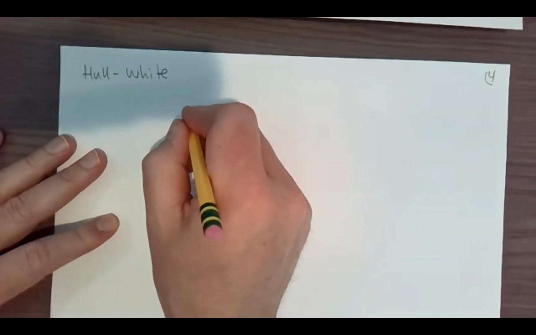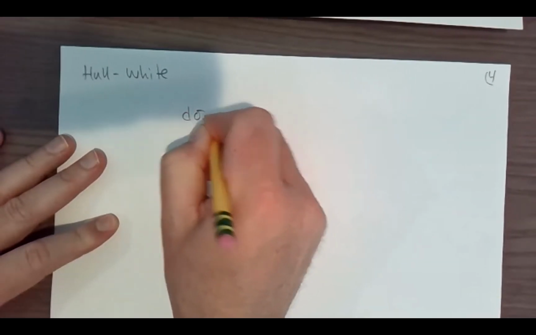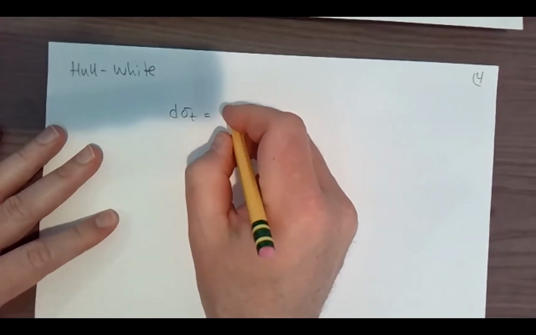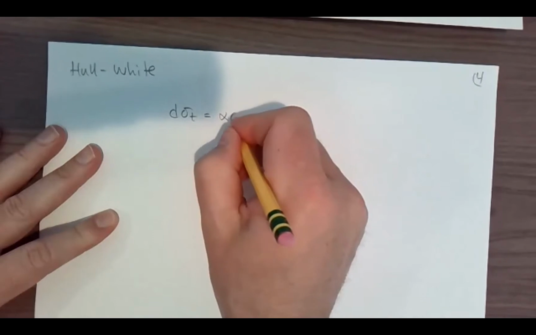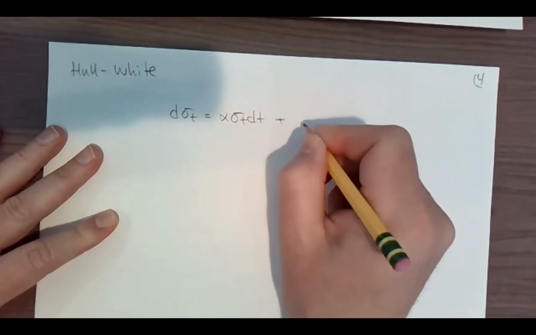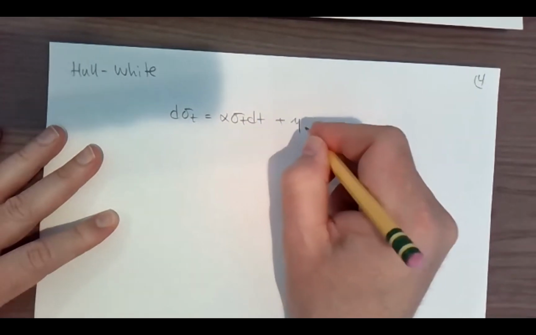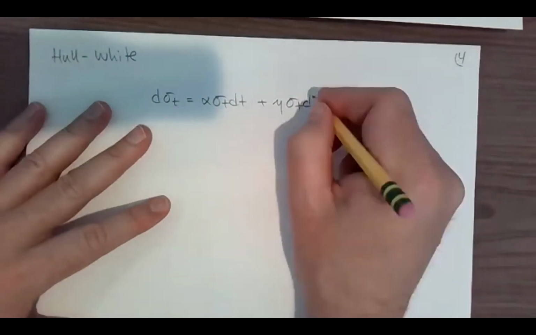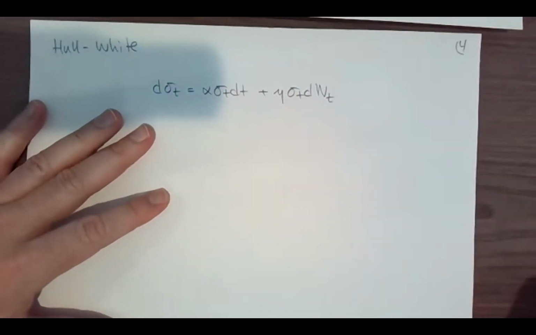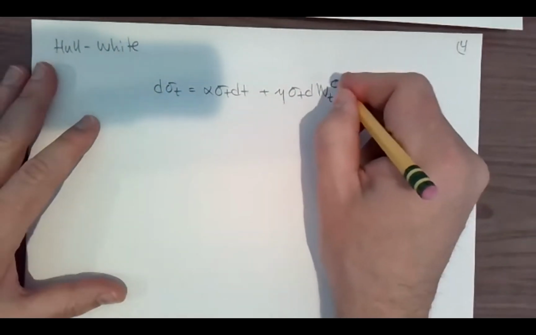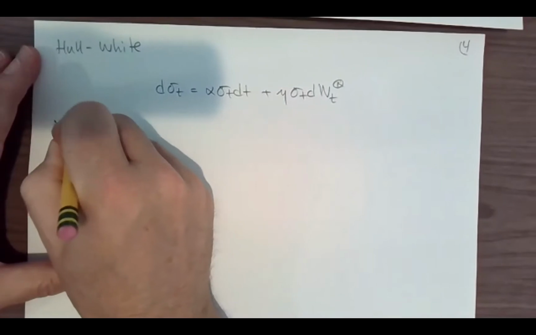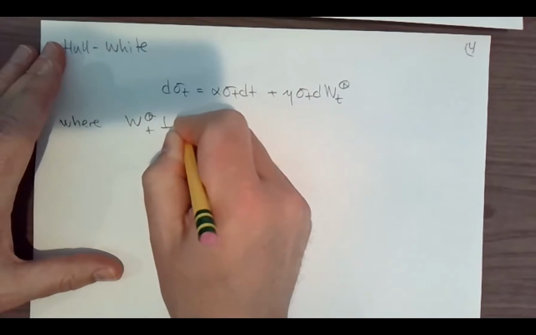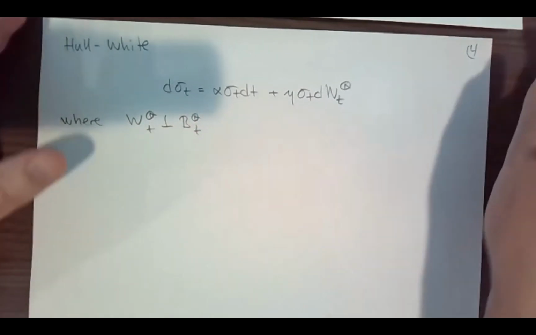It takes sigma to be geometric Brownian motion: d sigma t is equal to alpha sigma t dt plus eta sigma t dW^Q_t, where W^Q is an independent Brownian motion from the B that drives the stock.